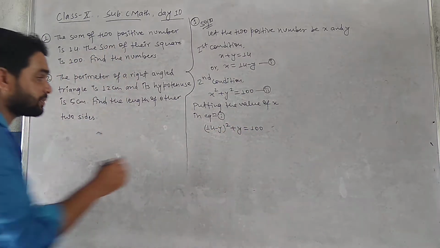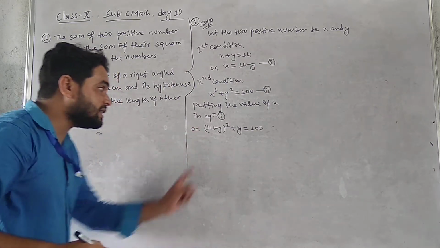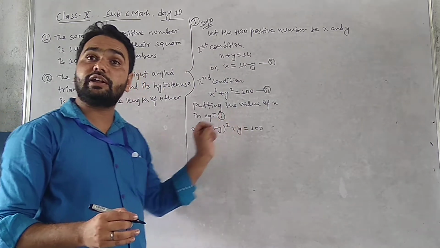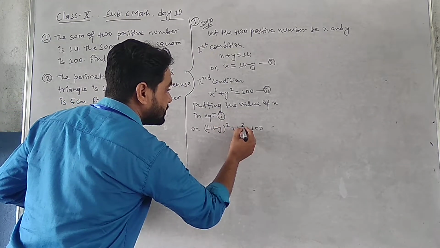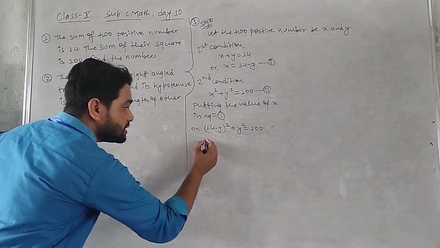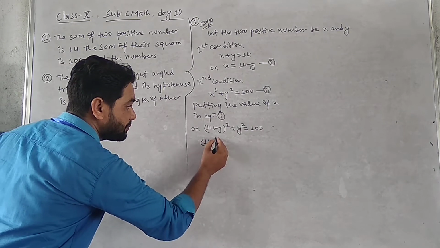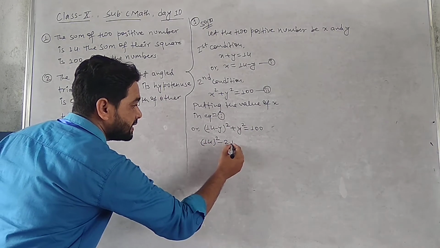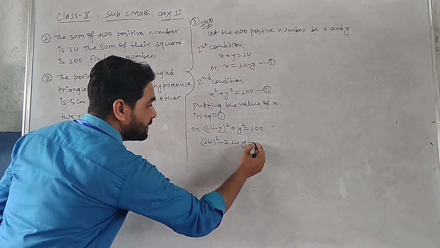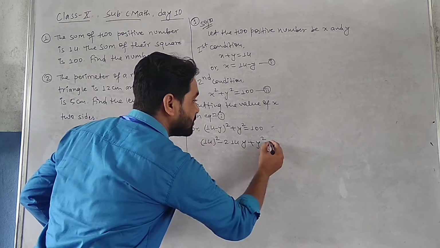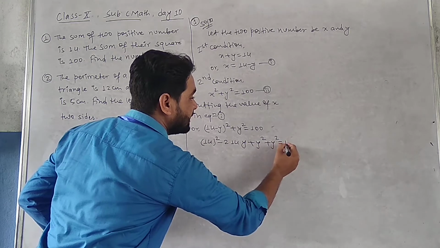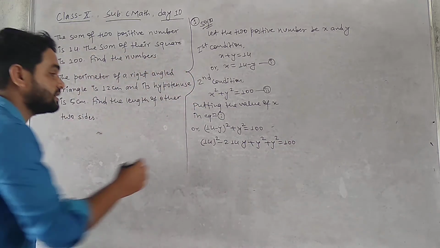Now look here, this is in the form of a minus b whole square. So a square, that means 14 square minus 2ab plus b square. We expand this, plus y square equals 100.